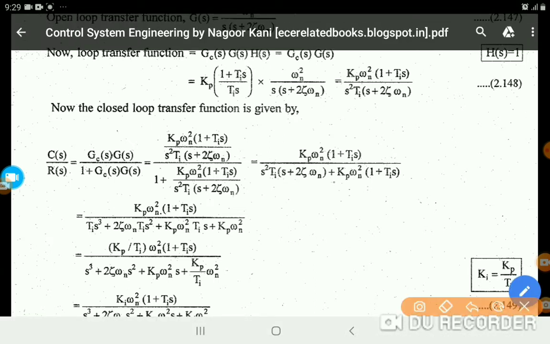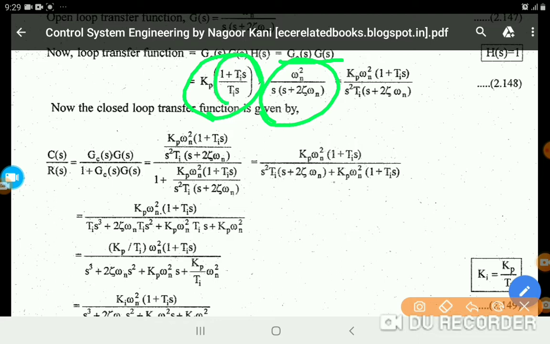Mere substitution of things. Instead of Gc of s we put the value in a bracket, into G of s, which is omega n square by s into s plus 2 tau omega n. Multiply the same. Take an LCM here.